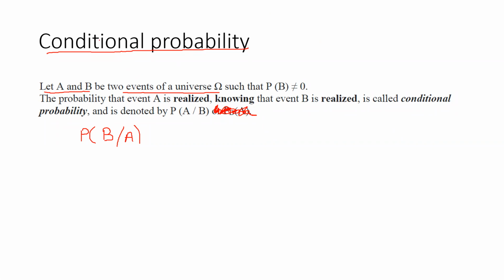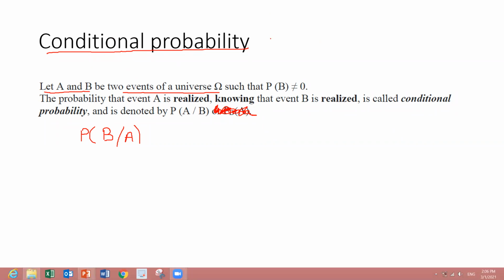Okay. So we took in the previous period conditional probability. So A and B are two events. The probability of A knowing that B occurs or is realized is called the conditional probability, and we write probability of A given B. By the same way, probability of B given A, we write it like that.